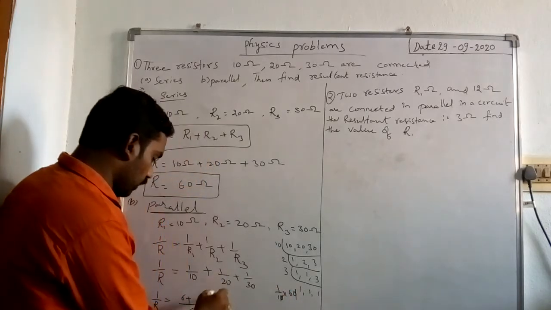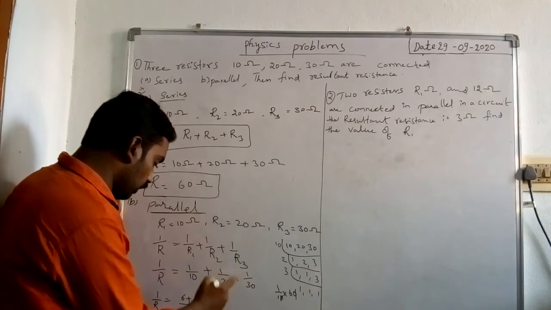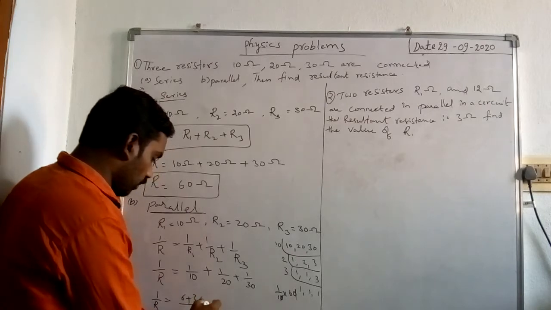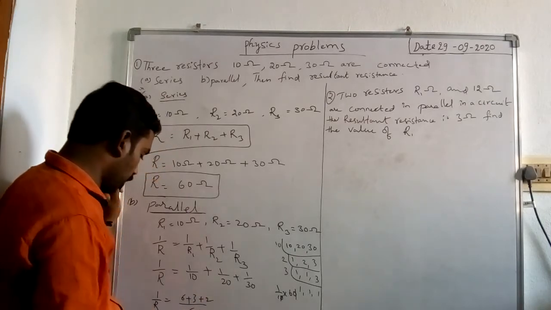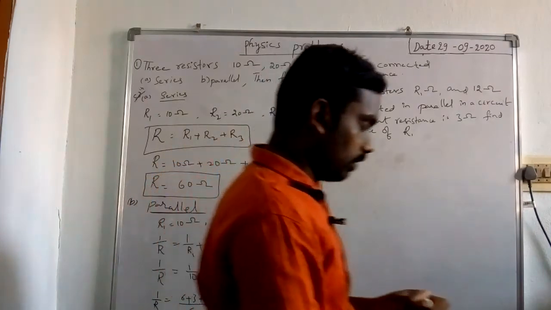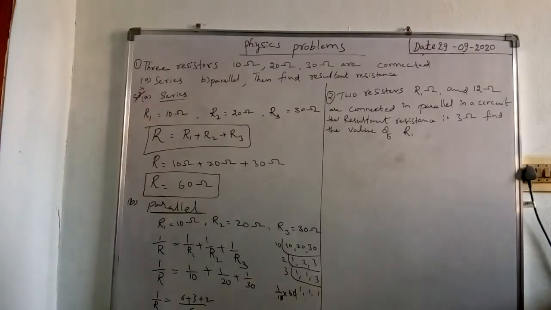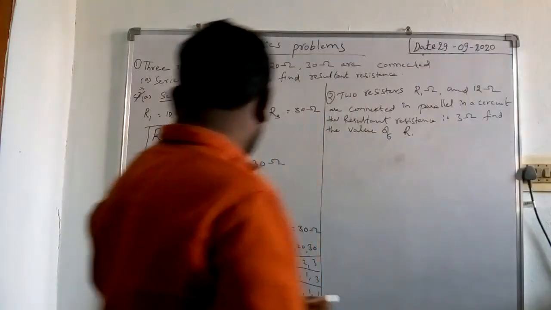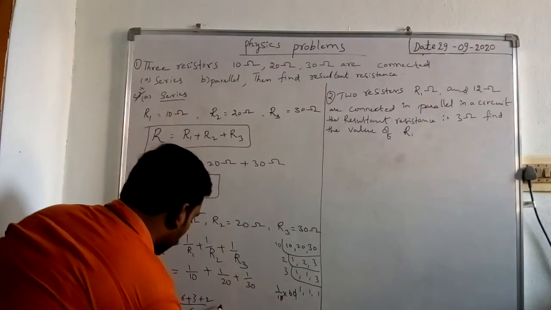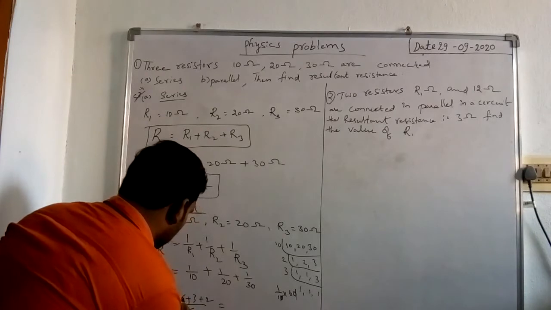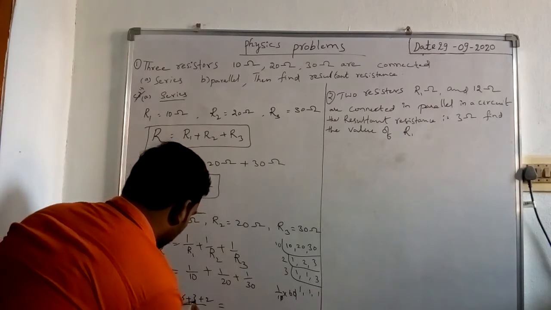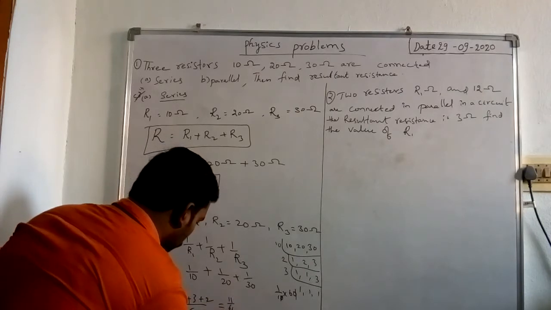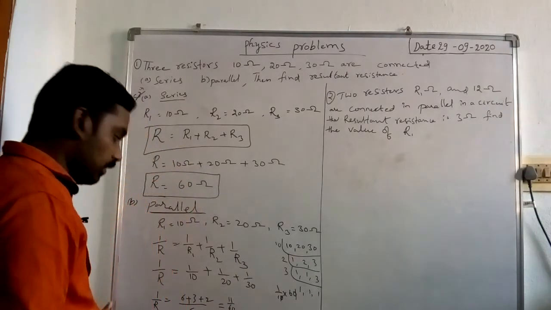So what will we get? 6 plus 3 is 9, 9 plus 2 is 11, 11 by 60 will get.